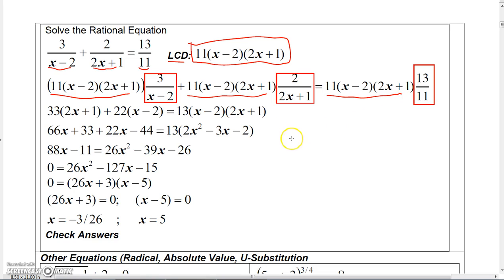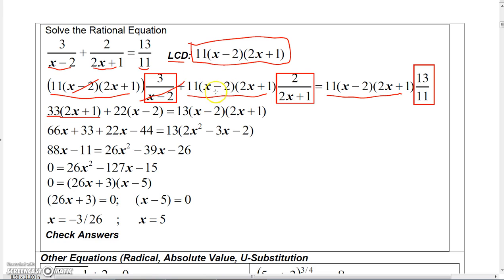Now, it actually cleans up rather quickly because each time you multiply by one of these three terms, something's going to cancel. So if you multiply this product by 3 over x minus 2, then the x minus 2's will cancel, and you'll get 3 times 11, which is 33, times 2x plus 1.